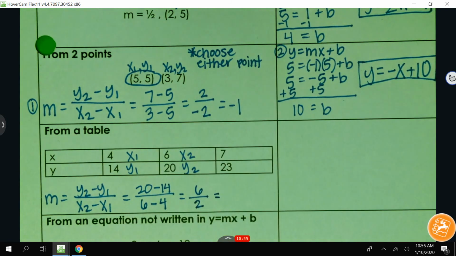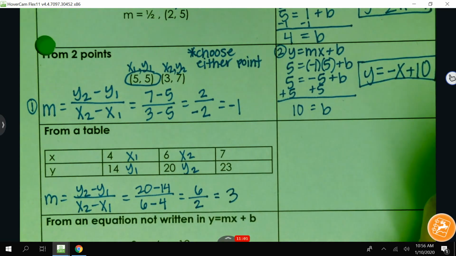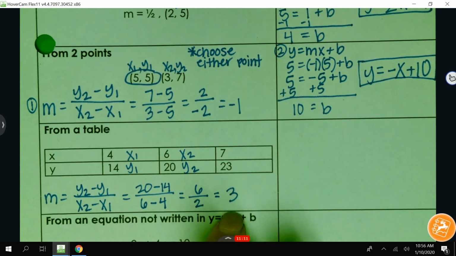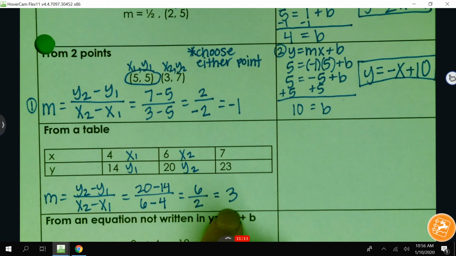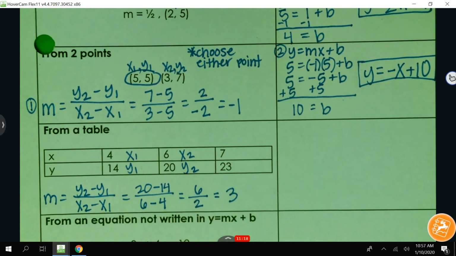What is 6 divided by 2? 3. So my slope is, fill in the blank, 3. M is 3. That's what we just found. Okay. Questions? So again, you could choose any of those points as long as you plug them into that formula correctly.